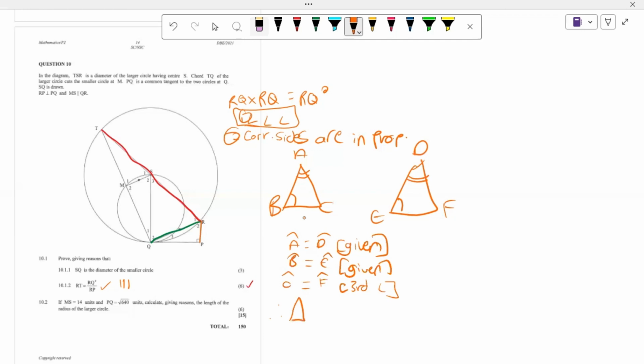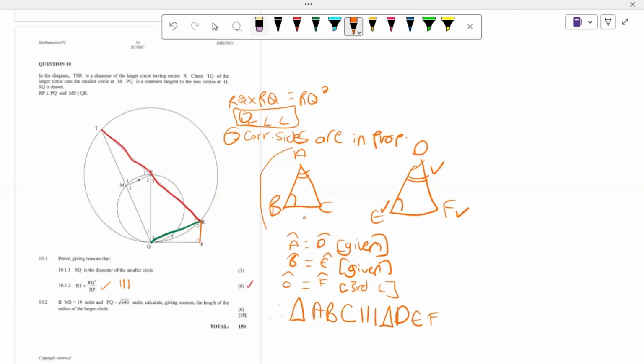So therefore, I can say now a triangle, but please look very carefully. I'm starting with this one here. I'm going to say triangle ABC is similar to triangle DEF. Why?